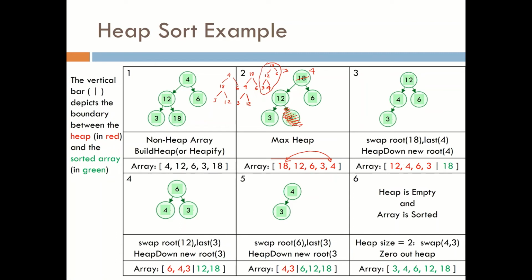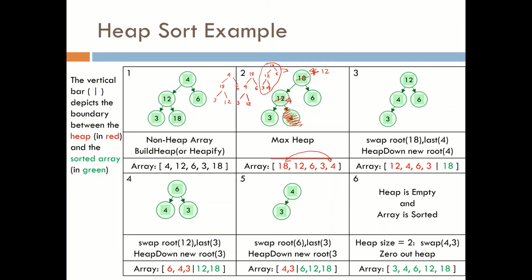Okay, and this 4 needs to be heaped down. So the 12 is greater than or equal to 4, and the 6 is greater than or equal to the 4. 12 is the greater child, so we pick that, and we move the 4 here, and we move the 12 up here, giving us the diagram on the right.